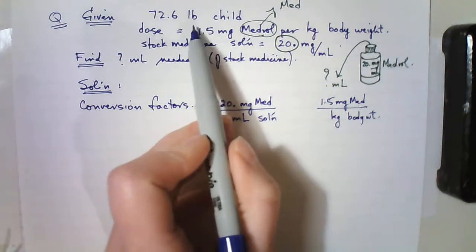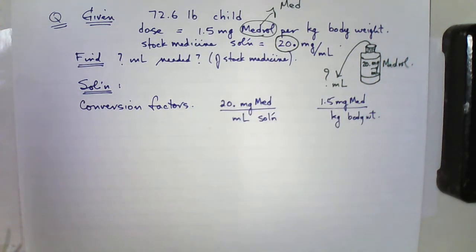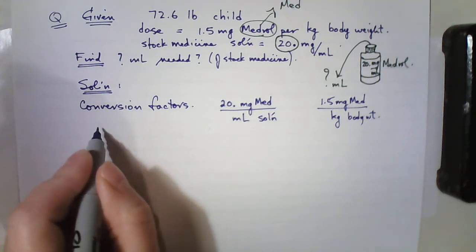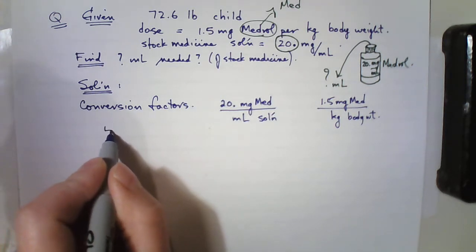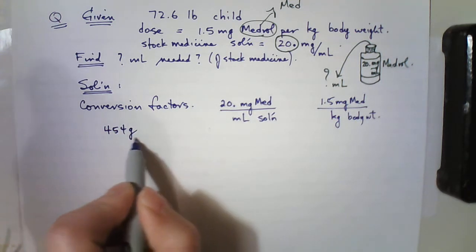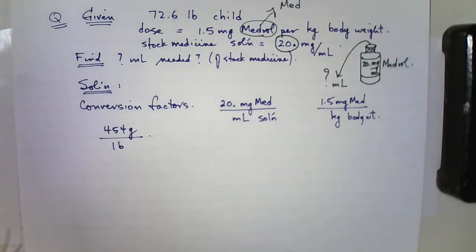And I know I have pounds here, and I don't see pounds anywhere else, so I think I'm going to need to look up the conversion factor for pounds to grams or grams to pounds. And I have found it. I see that there are 454 grams in a pound, and that's just a standard conversion.